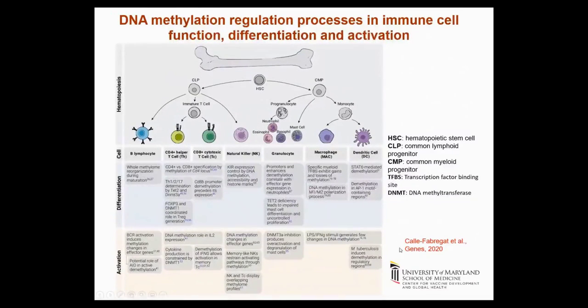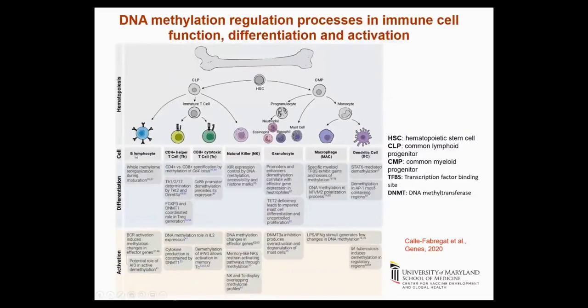Here I borrow a graphic from the beautiful review that Kali Fabregat and collaborators published earlier this year in Genes, and they point out that at all levels of differentiation and activation, there is an increasing number of epigenetic modifications that have been described and published.